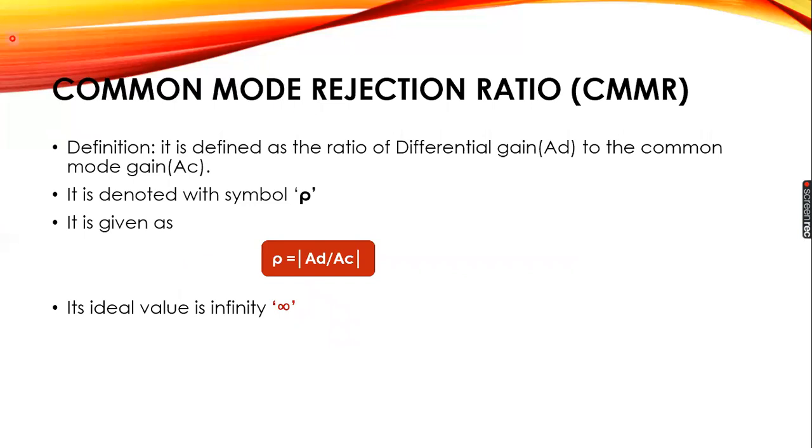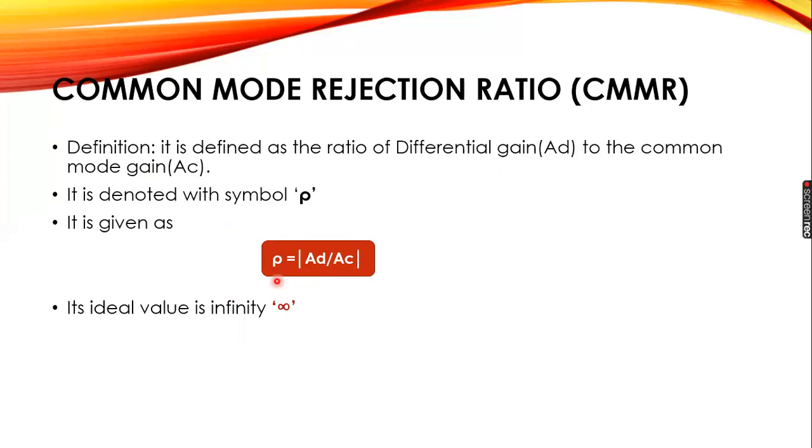So next we have common mode rejection ratio, which is one of the important parameters that defines the operational amplifier. So common mode rejection ratio, simply we name it as CMRR, and it is denoted with the symbol rho. It is defined as the ratio of differential gain to the common mode gain, and it is expressed as rho is equal to mod of AD by AC.